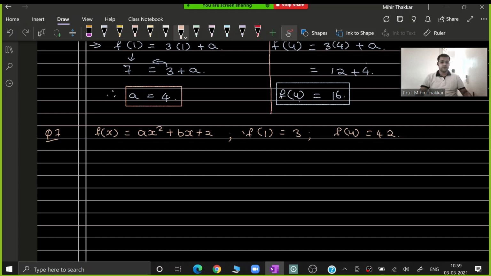So when I have all these values, I can start with my first value f of 1.